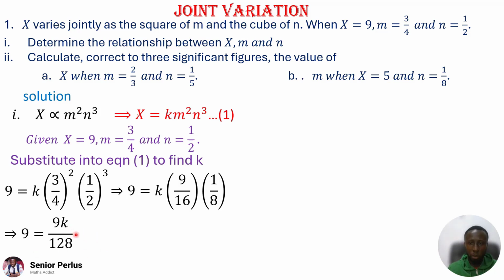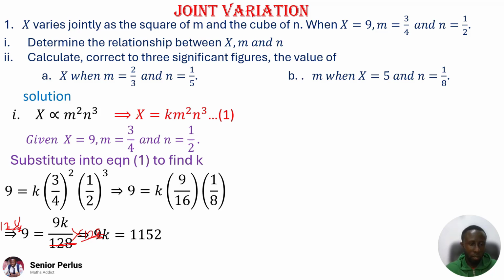So let's multiply both sides by 128. Then 9 times 128 will give us 1152, I think.